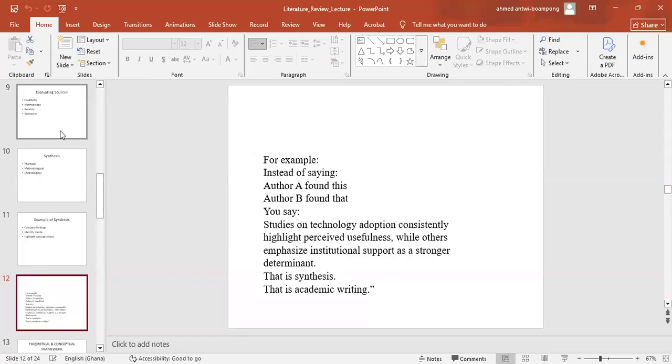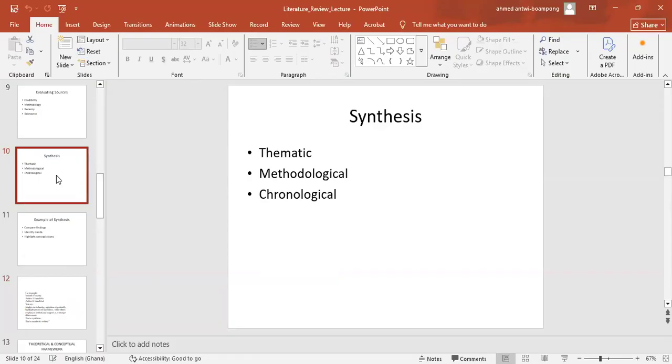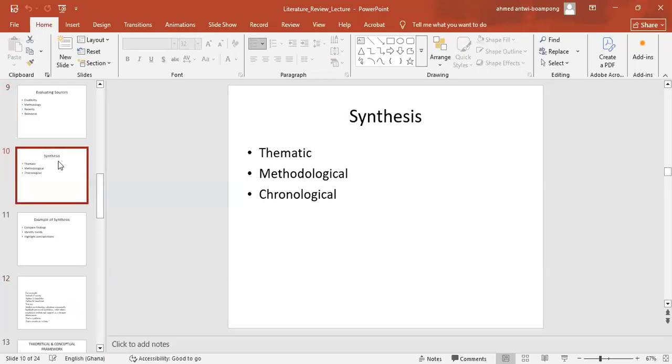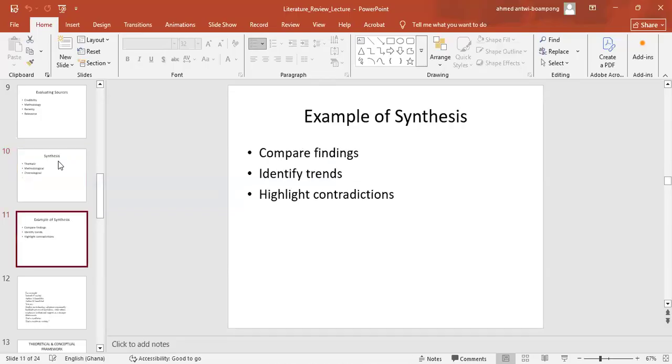So this is the example I was giving. So instead of saying maybe author A found this and author B found that, okay, you can say what? If you apply the synthesis, all right, I said earlier here that you evaluate the sources that you get. When you check them for credibility, you look at their methodology and recency and relevance, you synthesize thematically, methodologically, chronologically, and so on, right? And you synthesize by comparing the findings, you identify trends and highlight contradictions.